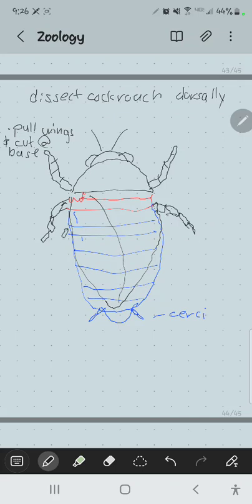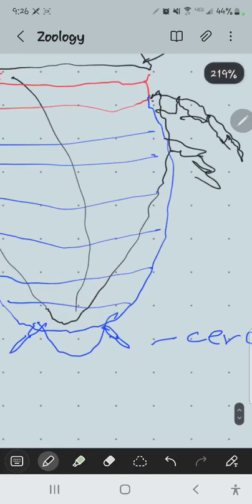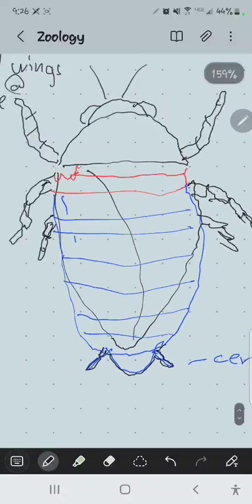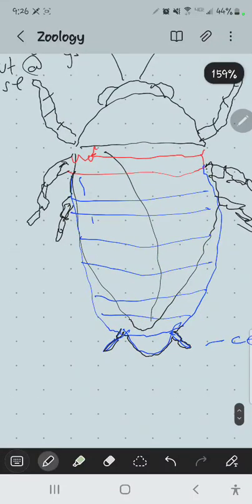So grab a pair of these. You may have to clean them off. Some students have stabbed these into the wax pans, and they get wax on the end of them, which prevents them from cutting as well. But anyway, use these to do dissection. Scalpels are useless. Scalpels are just not sharp enough and not accurate enough. So we'll use scissors to dissect these.